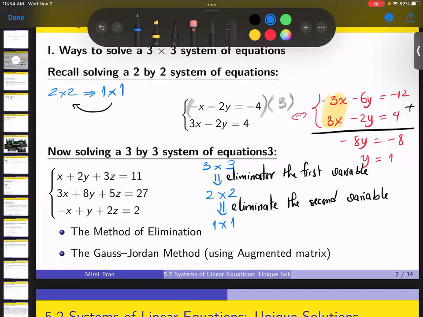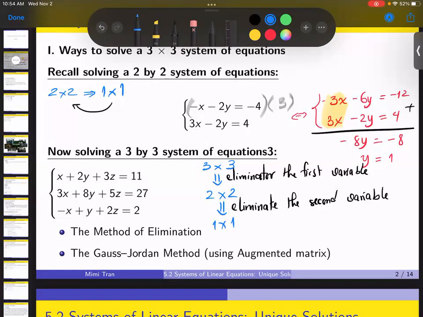I just say that from 3 by 3, you're gonna eliminate a variable, which I'm gonna show you how. And then you're gonna go down to 2 by 2. So something looking like that. Either you have xy or xz or yz, one of the pairs, right? And then from there, you know how to solve 2 by 2, right?